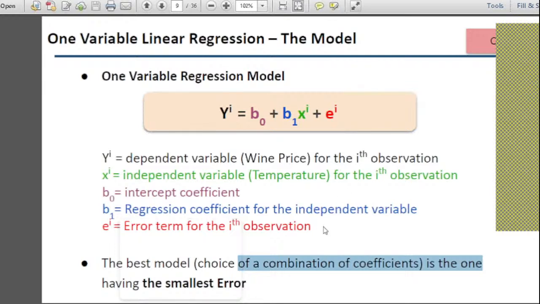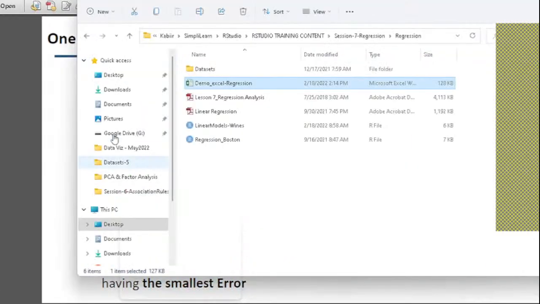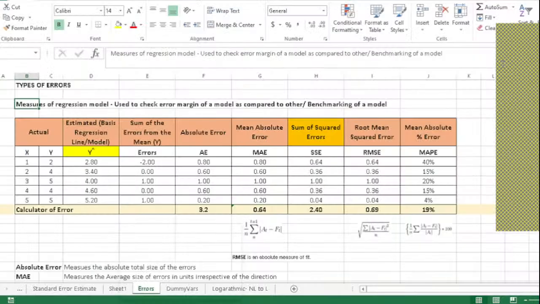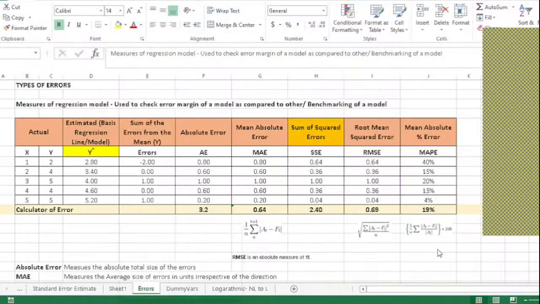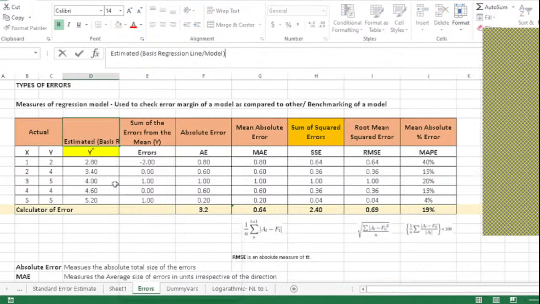So the lower the error, the better the model. That is why we are understanding the different types of errors, so that based on these errors we can check how robust our regression model is. So first type of error. First, what we'll do is estimated, based on regression.